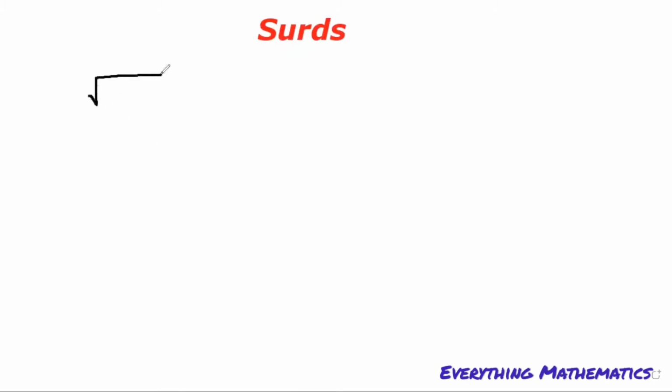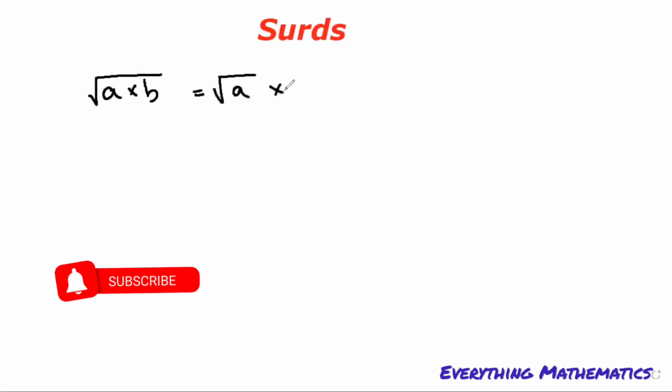So basically, yesterday we had, if we have root A times B, we said that this is the same as the root of A multiplied by the root of B. And of course, A and B are used here algebraically, but this will be represented by numbers. What this rule allows us to do is basically find the square root of a factor of a bigger number.